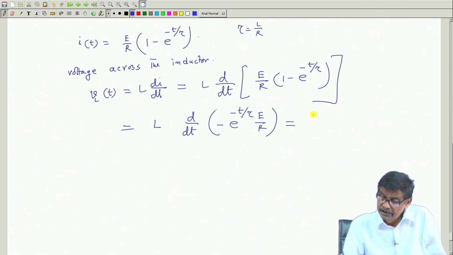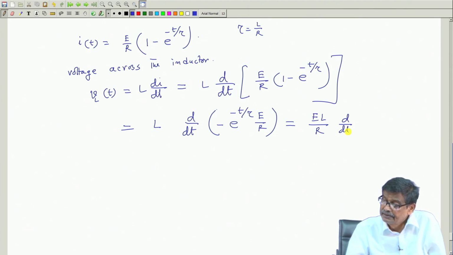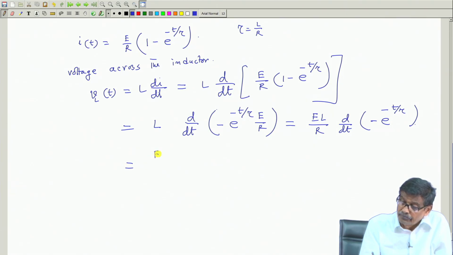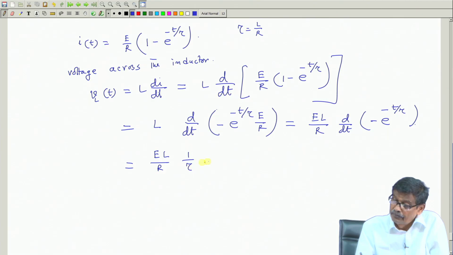So, E by R can be taken outside. It will be E L by R, and d/dt of minus e to the power minus t by tau. So, this will be equal to E L by R. If you differentiate it, it will be plus 1 by tau into e to the power minus t by tau.